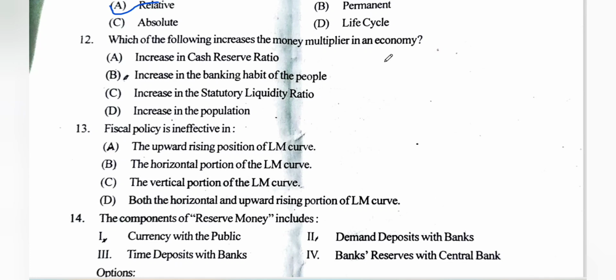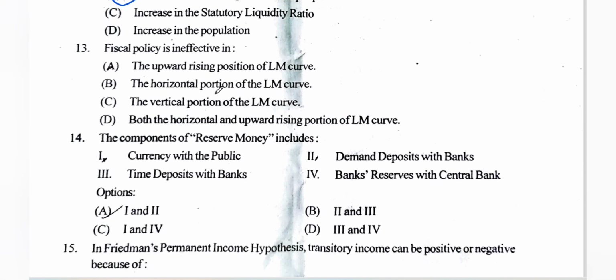Option D, increase in population, does not make any sense in increasing the money multiplier. So option B, increase in the banking habit of the people, will increase the money multiplier as the money will circulate among the people. So the correct answer is option B. Increase in banking habit of the people will increase the money multiplier in the economy.